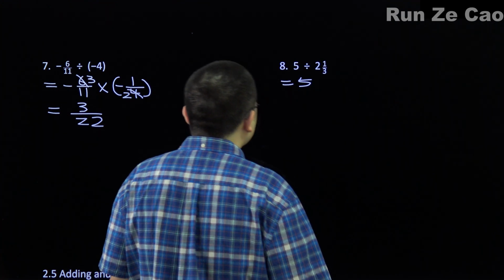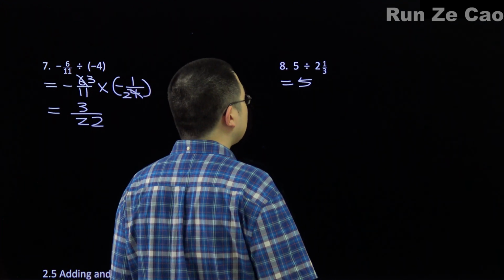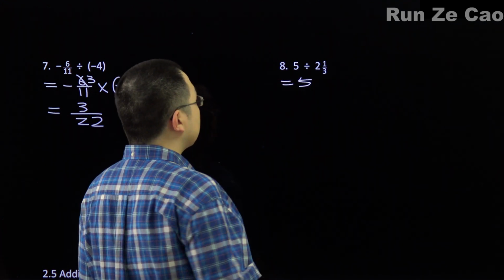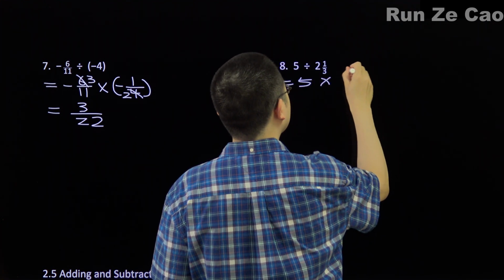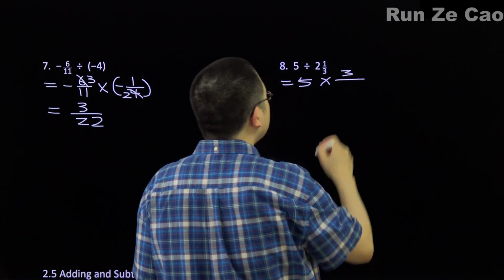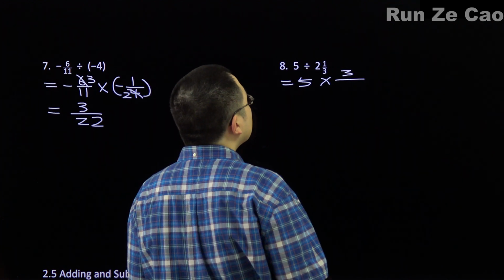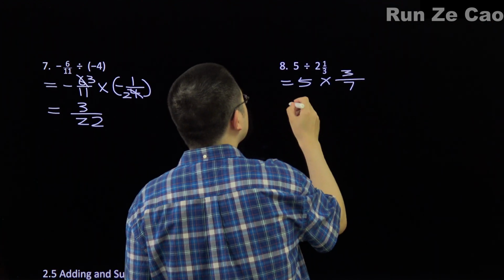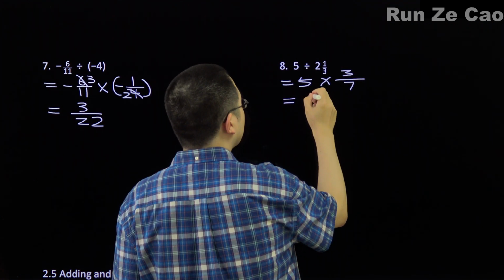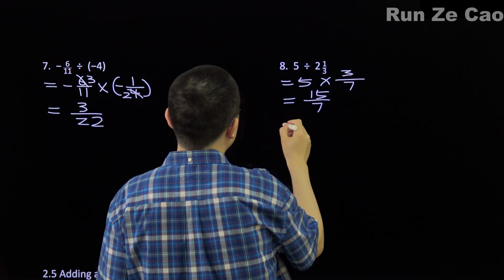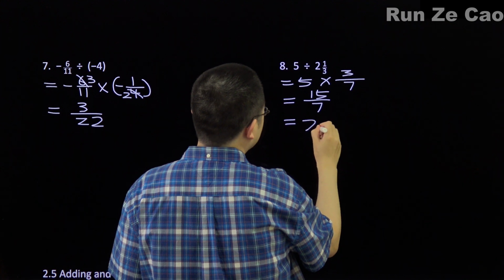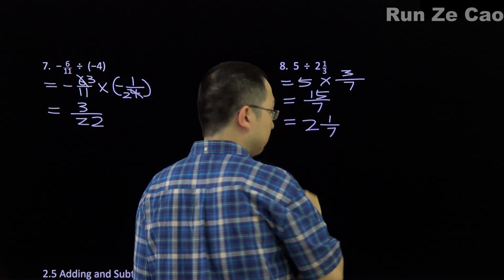So yeah, just because I'm keeping the steps to a relative minimum doesn't mean you need to. 3 over, and 2 times 3 is 6, plus 1, that's 7, so we're left with 15 over 7, which is going to be 2 and 1/7.